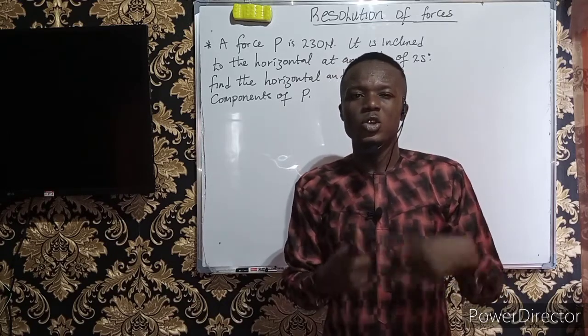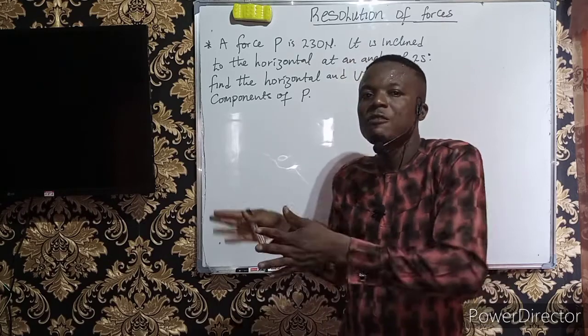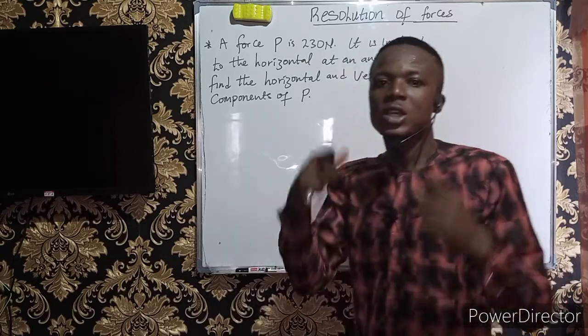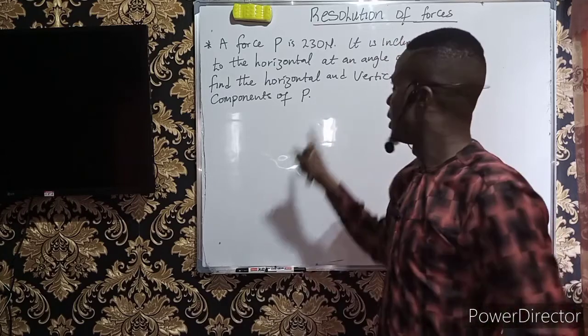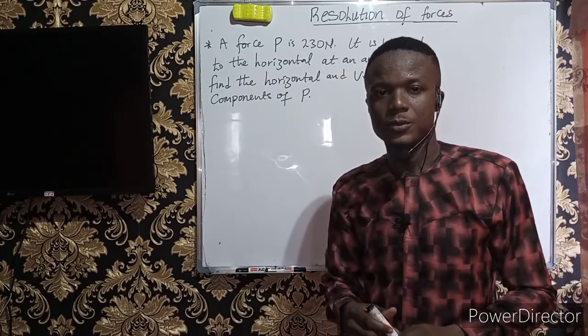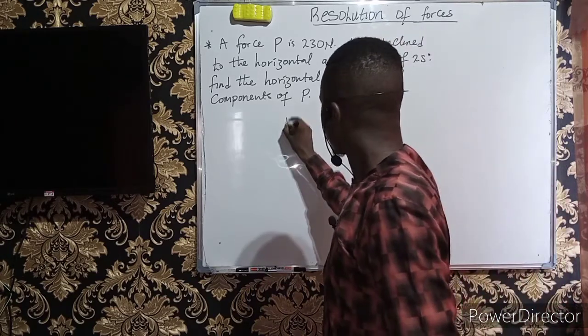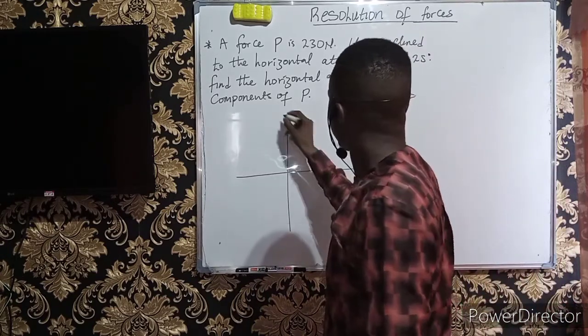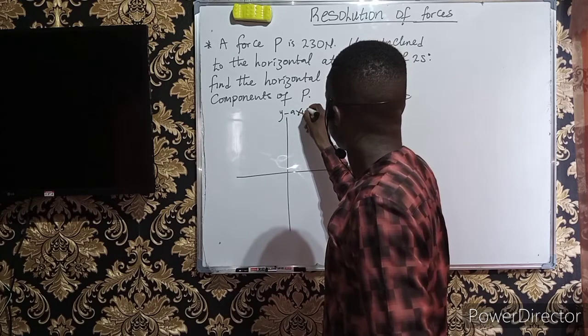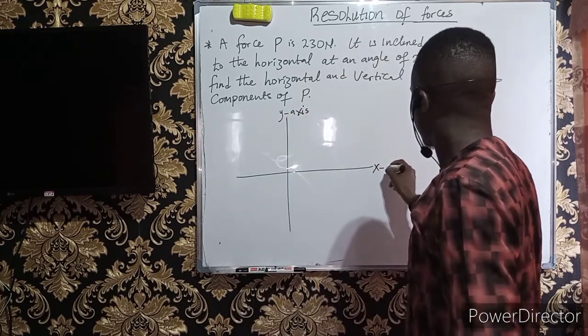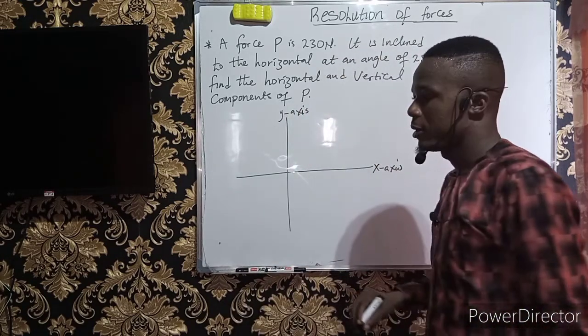Once you do so, you have resolved the vector into its various components, and that is what we are here to discuss. For example, let's say this is the Cartesian plane where you have the y-axis and this is the x-axis.